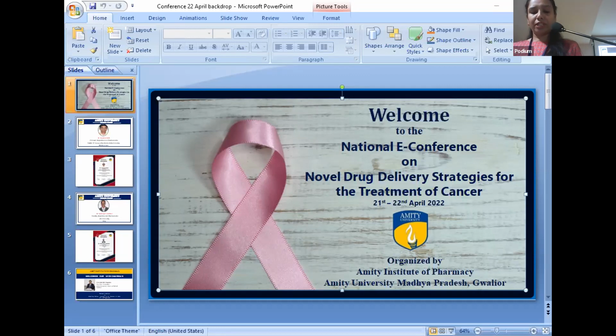Sir has also received travel grants from various funding agencies such as DST, CSIR, ICMR, and FIP for attending various conferences. Sir has published 86 articles in peer-reviewed indexed journals with an impact factor ranging between 1 to 7.5 and presented 30 research papers in national and international conferences.